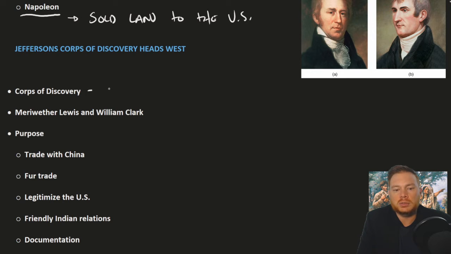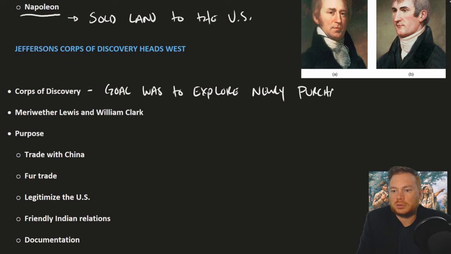The goal was to explore newly purchased land. These two individuals, Meriwether Lewis and William Clark, were in charge. We might say they led the expedition.